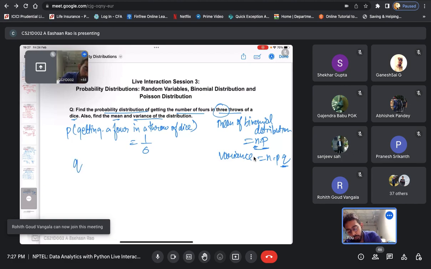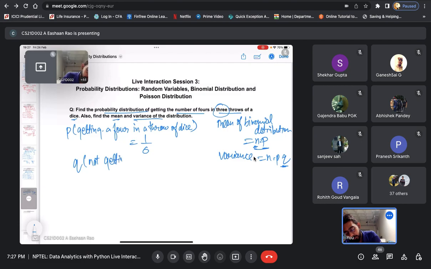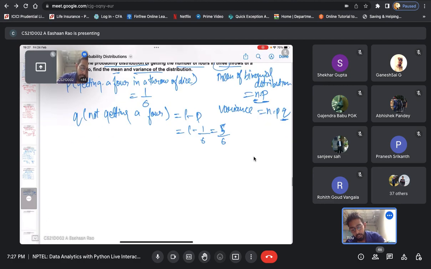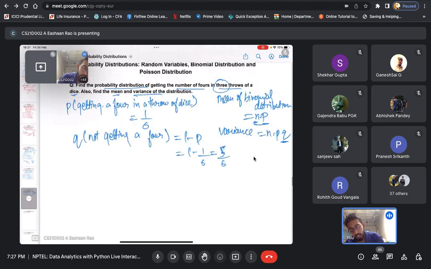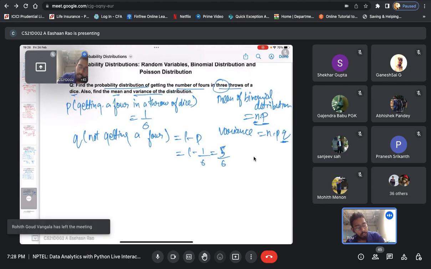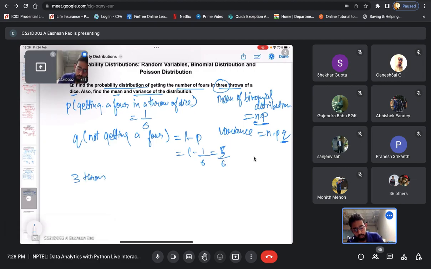So q will be not getting a 4, which will be 1 minus p, that is 1 minus 1 by 6, 5 by 6. Okay, so I have p and q. Now the question is that I will have 3 throws of a dice, so I need to find the number of times I will get the 4.